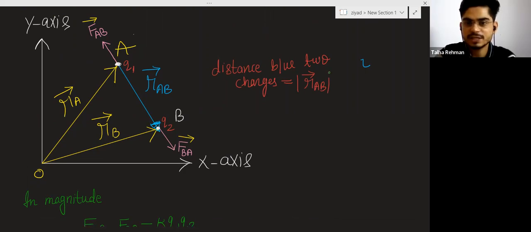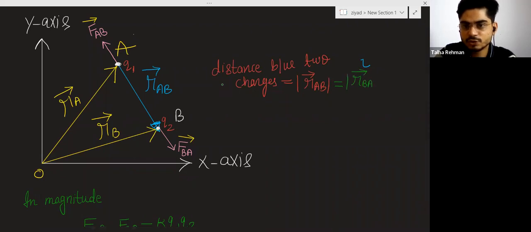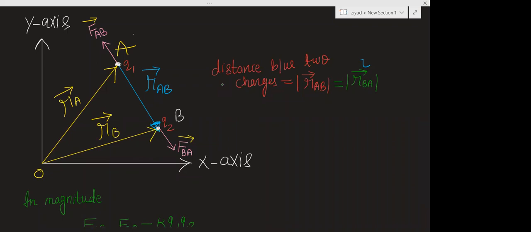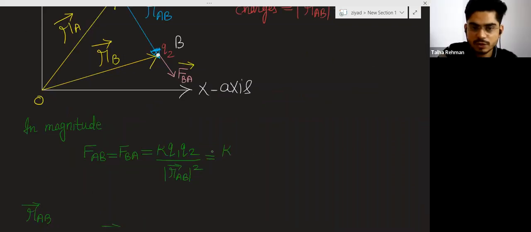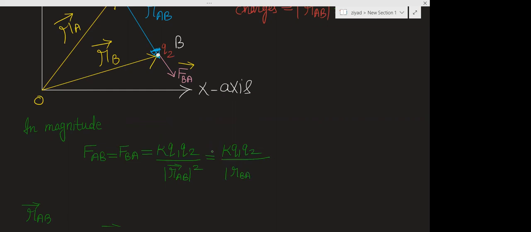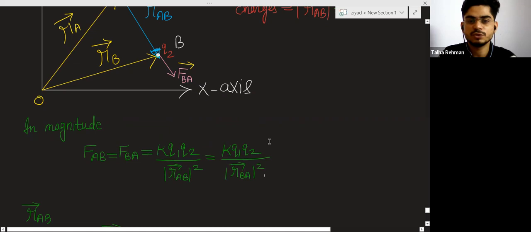You can write the distance between the two as the r_BA vector magnitude also. So instead of this, you can write this formula in this form also: k Q1 Q2 divided by r_BA vector, and the square of this, and you will use it according to your requirement.